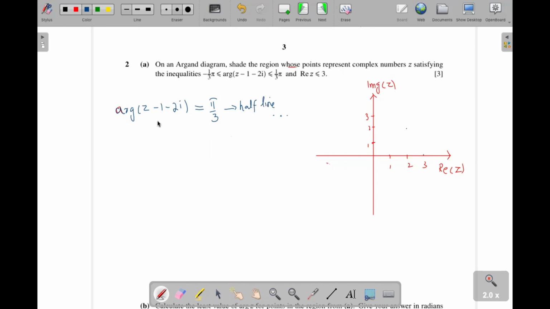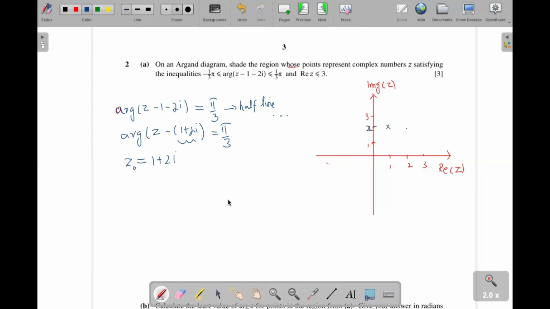In the half line, the argument of z minus (1 plus 2i) equal to pi over 3, this 1 plus 2i represents the complex number z0, and this number is the origin of this half line. The coordinates of this complex number will be (1, 2). Now we mention here, this is the point (1, 2).